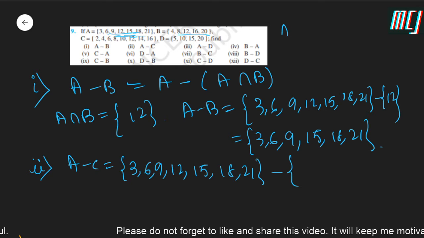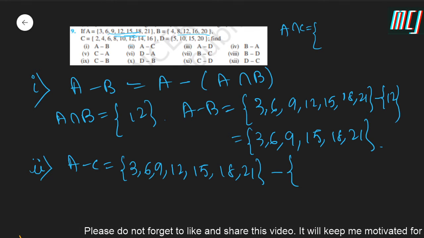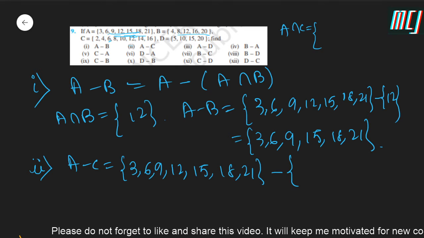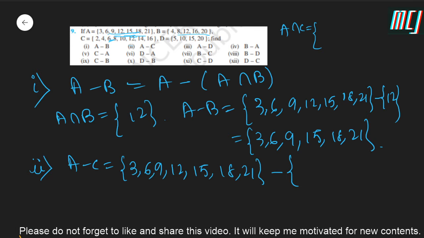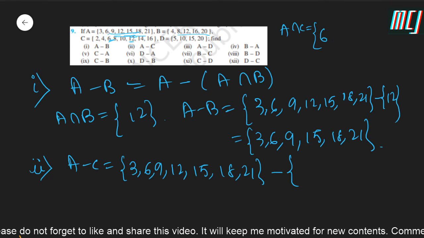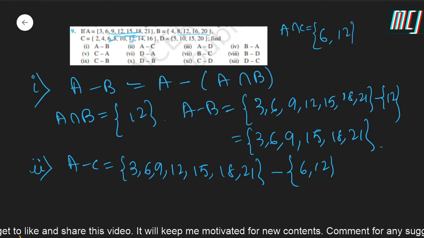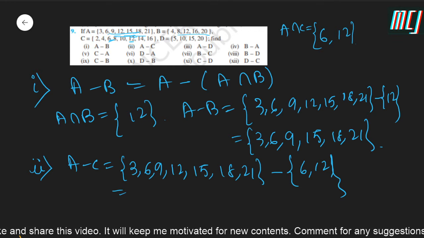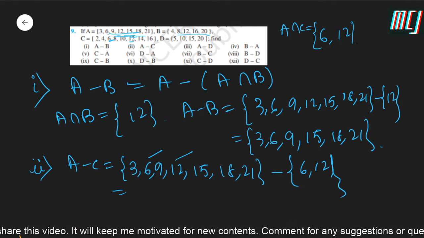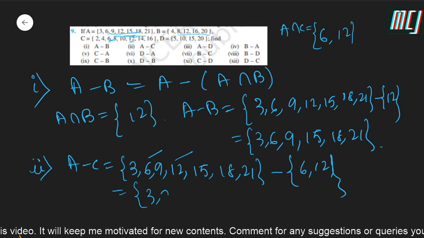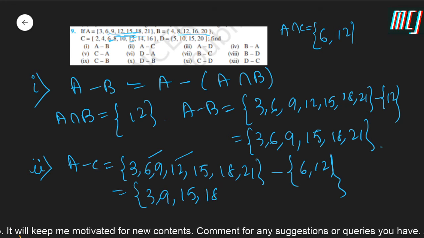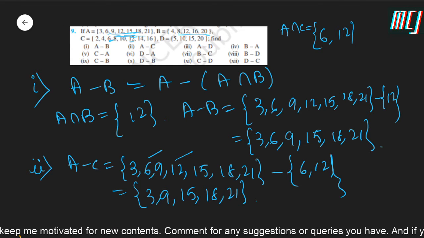What are the common elements? 6 is there, 12 is there, that's it, 6 and 12. So 6 comma 12. From here we'll delete the 6 and 12 and the remaining terms will be 3, 9, 15, 18 and 21. Okay.